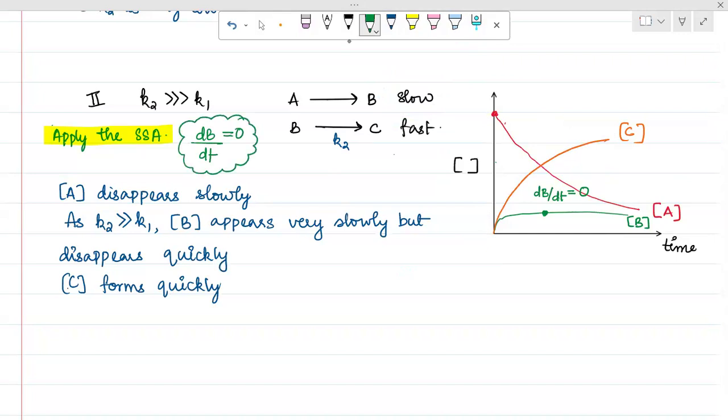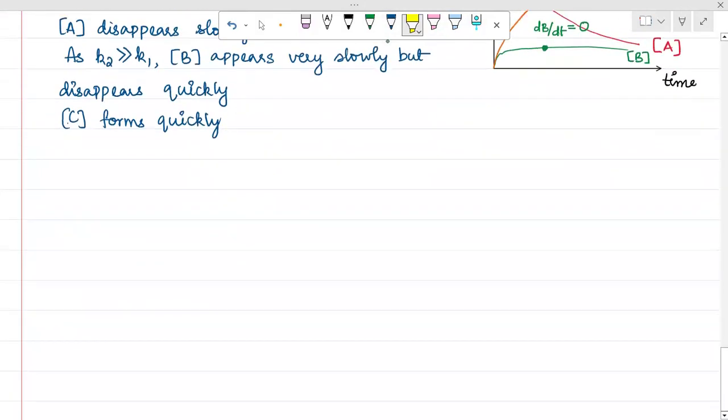This is the heart of the steady state approximation. There have been questions on where you can apply SSA. Understand, you can apply SSA only when K2 is greater than K1 and not in any other conditions. Not in case 1, only in this case.